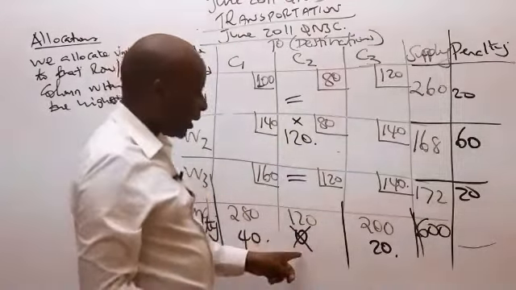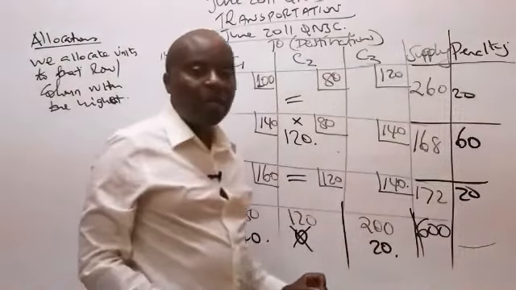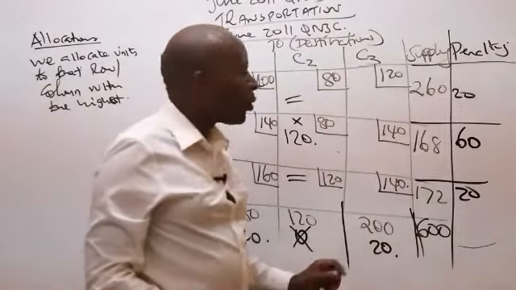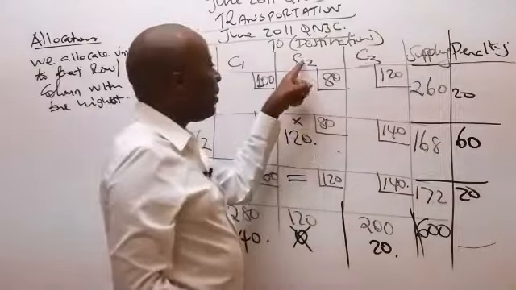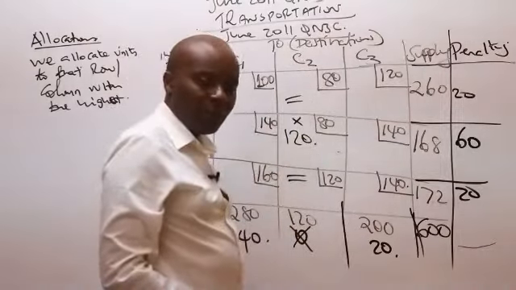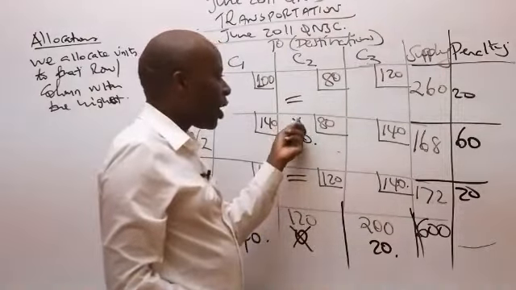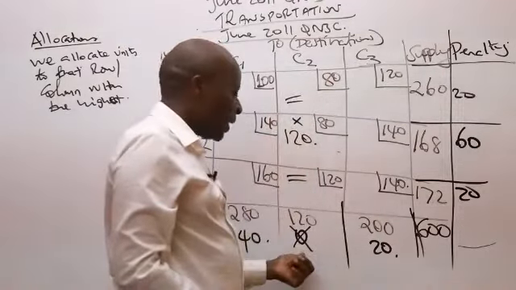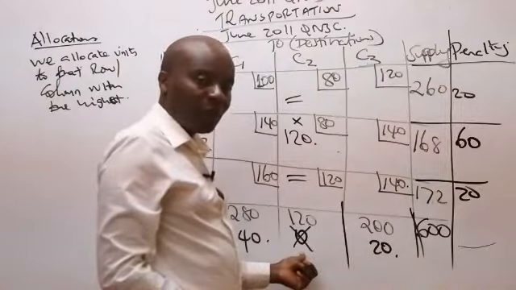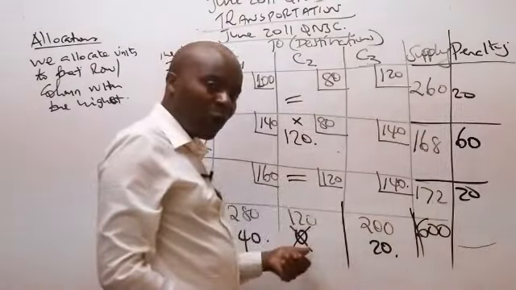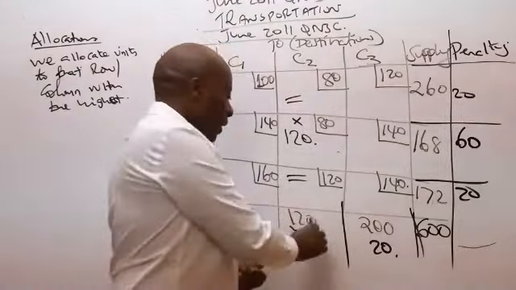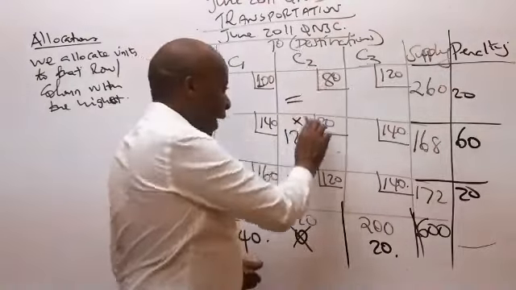Why am I canceling this penalty? Because now it is a useless penalty. In the future, I will never make reference to this particular column. The column is fully satisfied. I'll never do any allocations onto this column. So this penalty will never draw my attention towards the particular column in the future. So I'm canceling this because now we are done with this particular column.